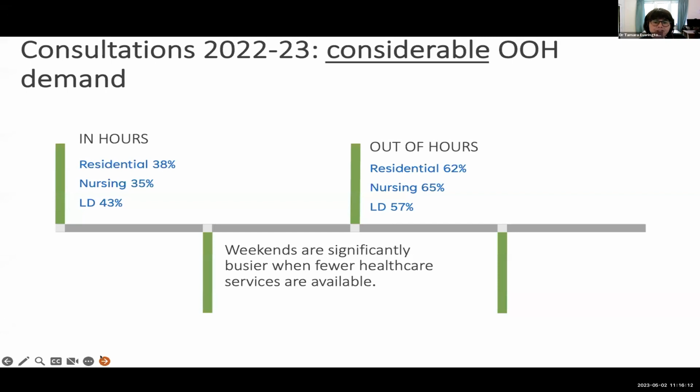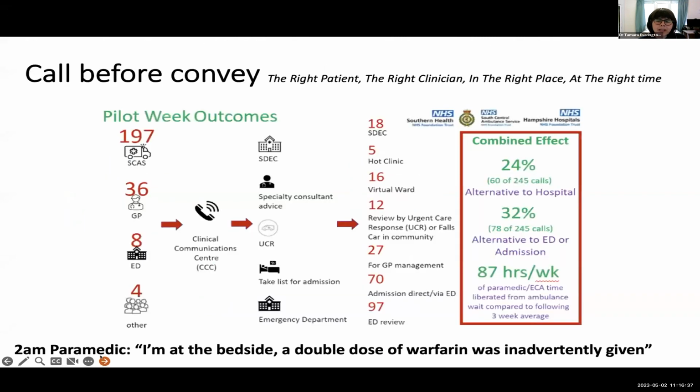As you can see here, it's actually a majority of calls that are coming in out of hours, and that may be related to timing of medications, but also the ability to access other services. During the day, people might be able to contact their GP, but out of hours, they're going to try and get through to 111, and that's obviously very busy. I don't know if you've tried it, but it can be quite hard to get through. Next slide, please.